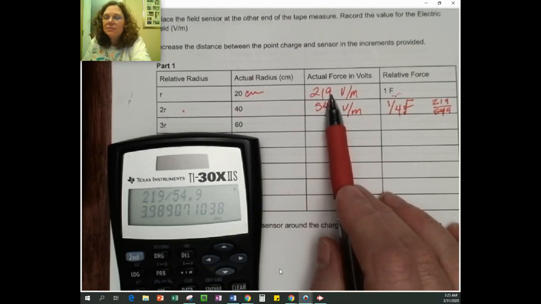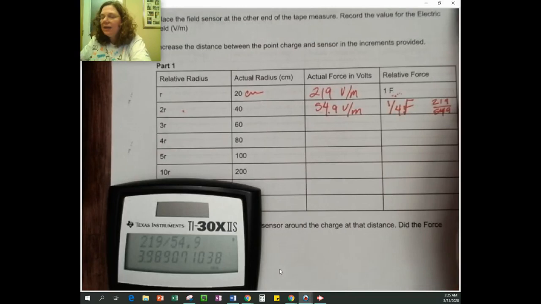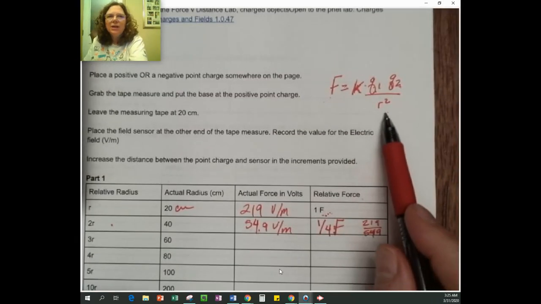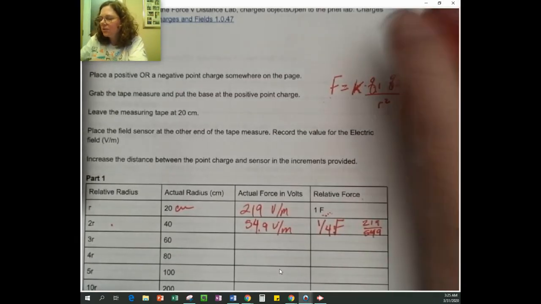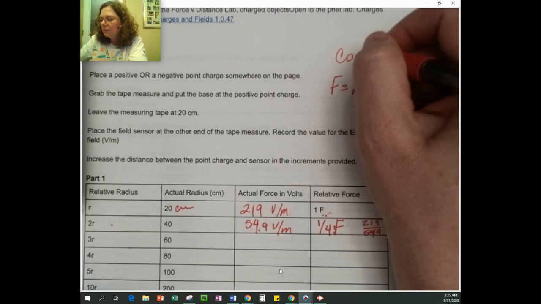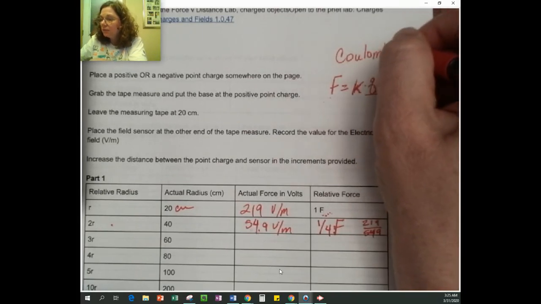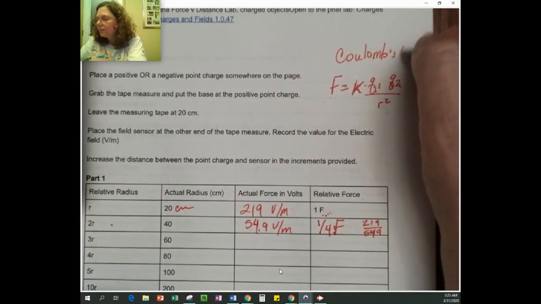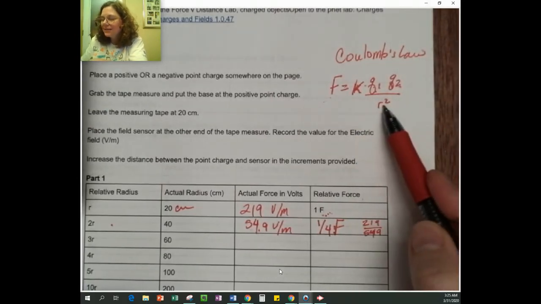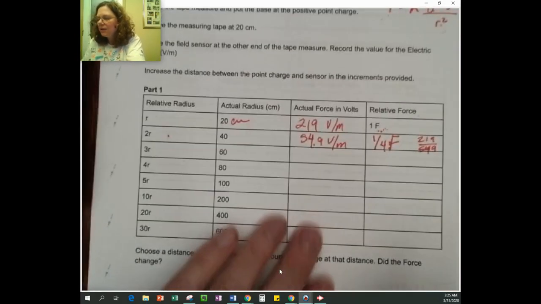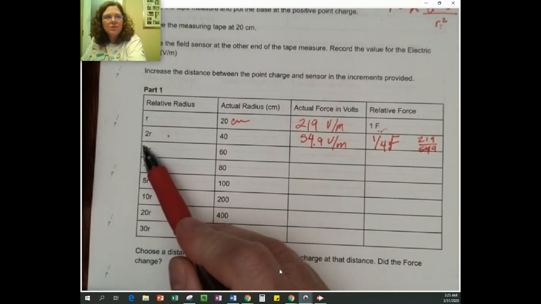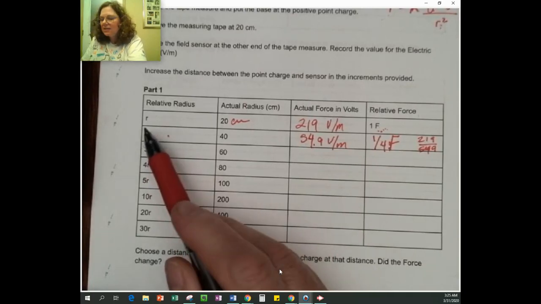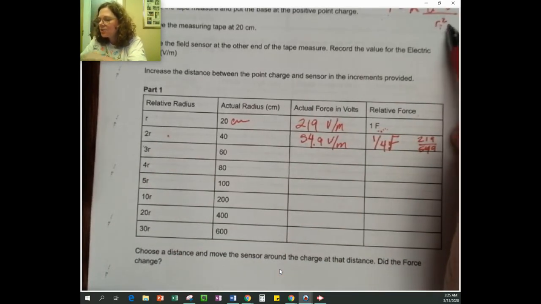That should make sense. Look, back here in our equation, this is Coulomb's law. This is squared. Since R is what we're changing, this is 2R, so 2 times 2 is 4, and it's in the fraction here.